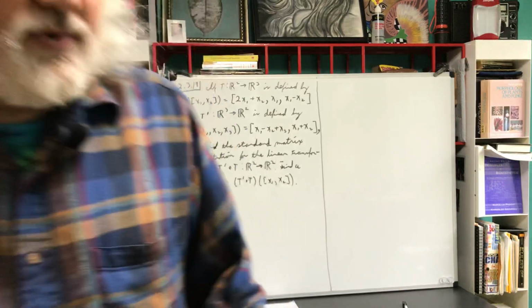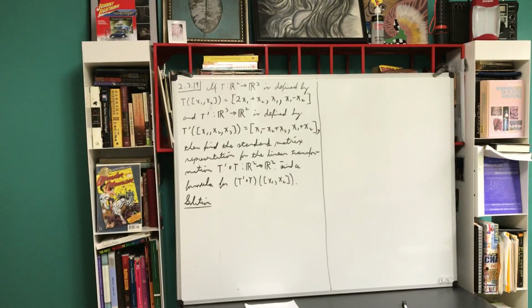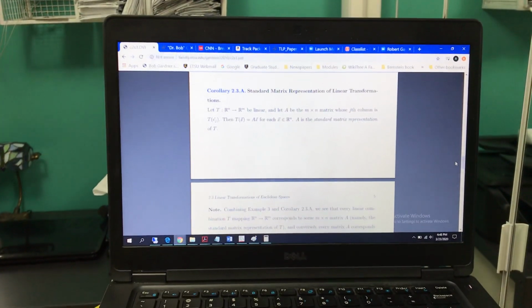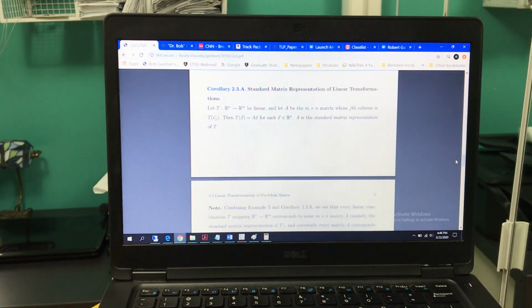For the standard matrix representation, let's look at the notes from section 2.3. Corollary 2.3.a tells us how to find the standard matrix representation of any linear transformation, and it's simply a matter of applying the transformation to each of the standard basis vectors for the domain of the linear transformation.